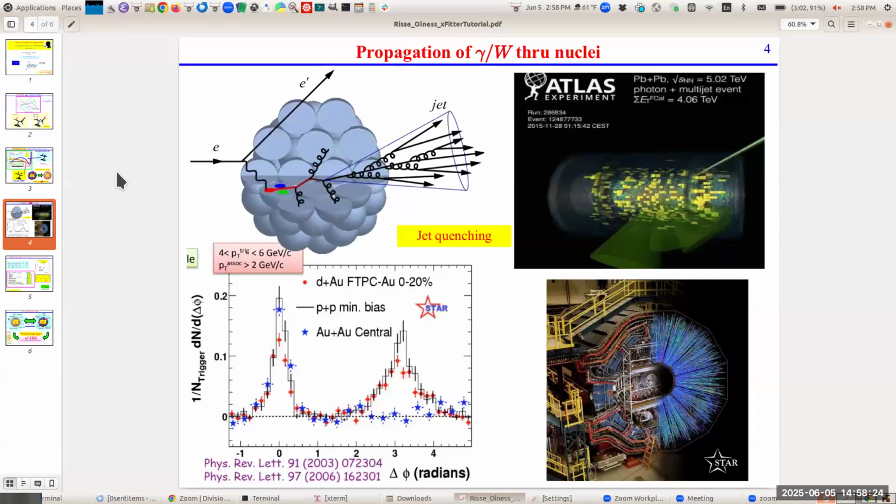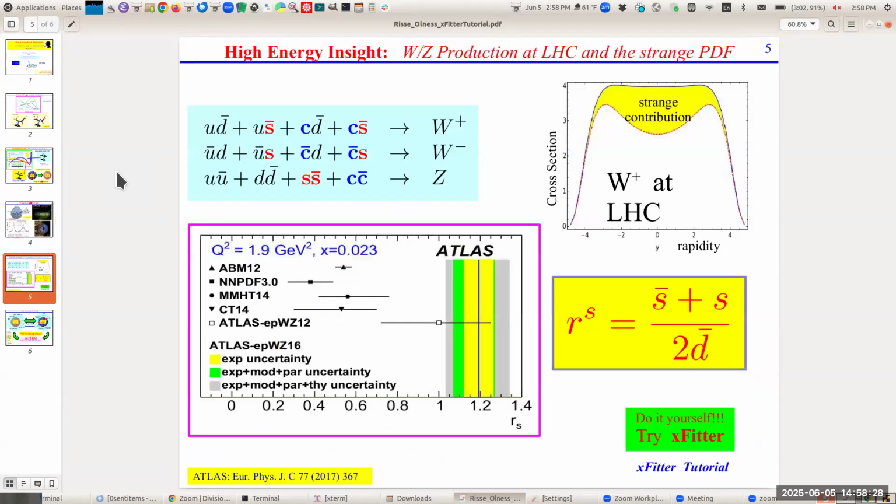And so maybe the propagation through the nuclear matter makes a difference. And we puzzled over this for a long time. But then at the LHC with ATLAS, that opened up a new kinematic region, and we could look at this from another point of view.